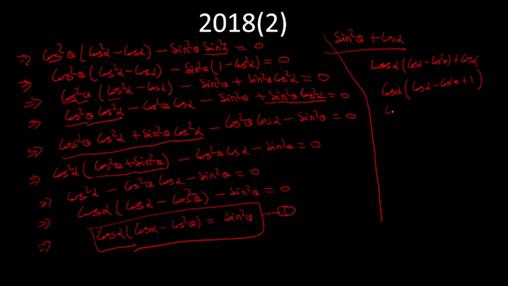So that becomes plus 1 minus cos square theta. So I write 1 minus cos square theta in sine form, so we get cos alpha plus sine square theta, and here is also cos alpha.